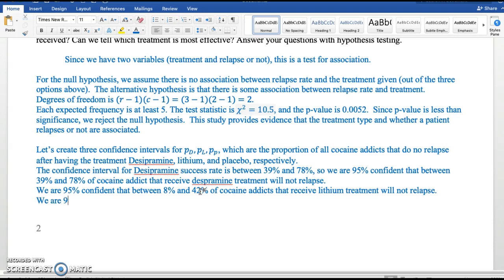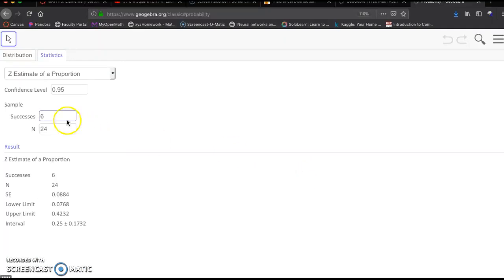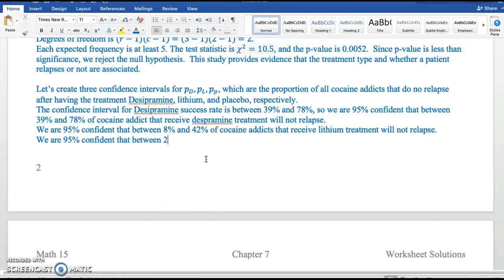And lastly, for the no treatment, basically 4 out of 24. I'll change this number to 4, click OK. Now I have 2% to 32%. So between 2% and 32% of cocaine addicts that receive no treatment, since this is the group taking the placebo, will not relapse.